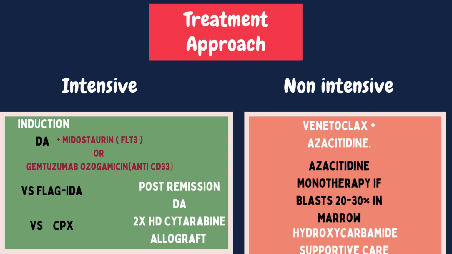For older patients above the age of 60, if they are not fit for intensive chemotherapy, then you can use venetoclax azacitidine, and that's NICE approved since 2022 for patients not fit for intensive induction. Venetoclax is most effective in NPM1 mutated, FLT3 negative AML, but it has been approved for all cytogenetic groups.